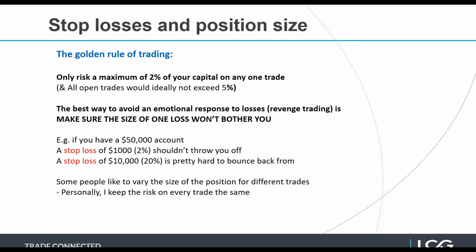And something I mentioned last time is some people will vary that per trade, sometimes 1%, sometimes 0.5%, sometimes 2%. For me personally, I tend to stick with 2% because it makes every trade that you take have a kind of equal impact on your trading account in terms of potential for loss and also profit potential.